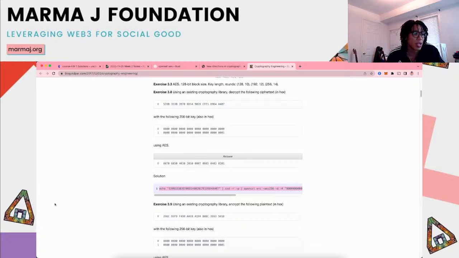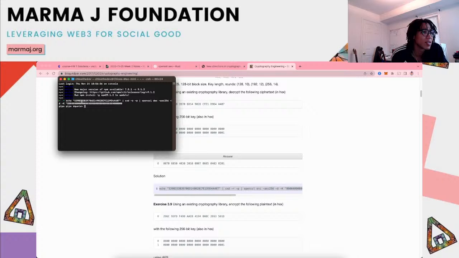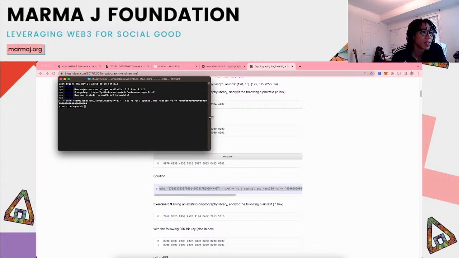I would expect to have to use, okay, I'm just going to change it just because I feel like it should be different. I feel like it should be decrypt, DEC. And then it says pipe, man.